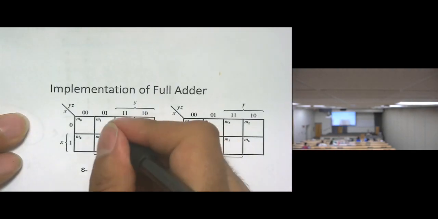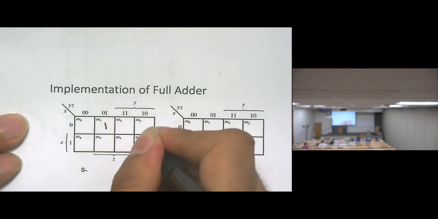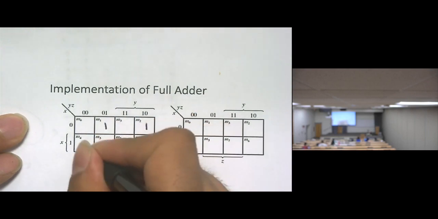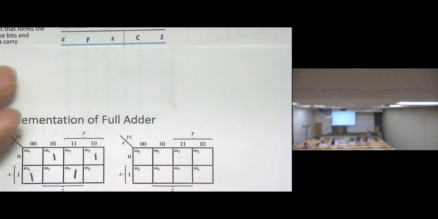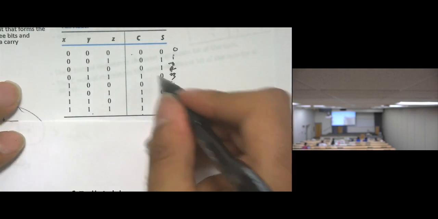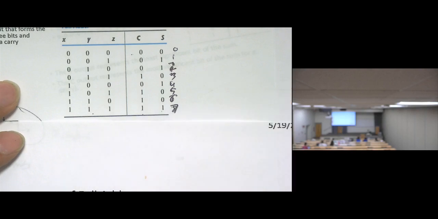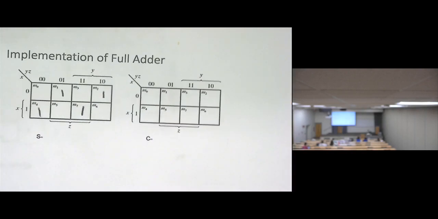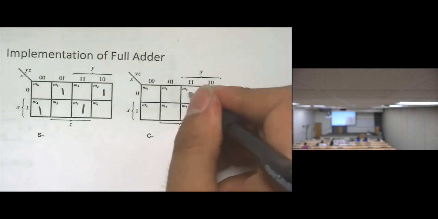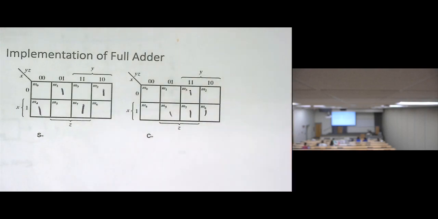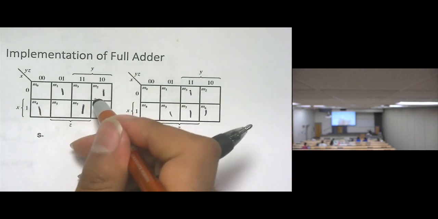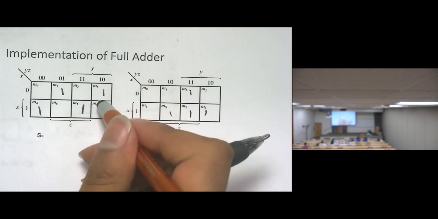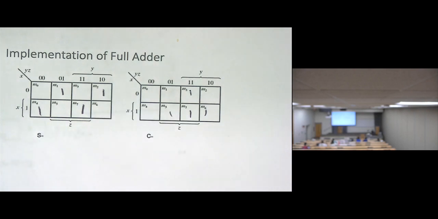Here is 1, 2, 4, 7. While for the carry bits, located at 3, 5, 6, 7. Now, can we make a shortcut here? Can we make loops?